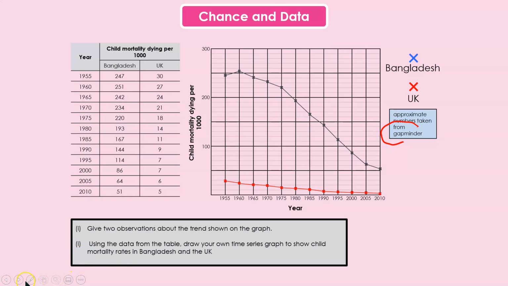Okay, so the next question we've got, you can pause your video and answer them. So find 2 observations about the trend on the graph above, and secondly, using the data from the table, draw your own time series graph.